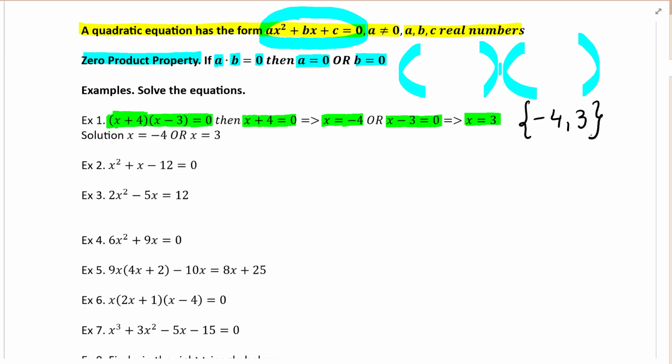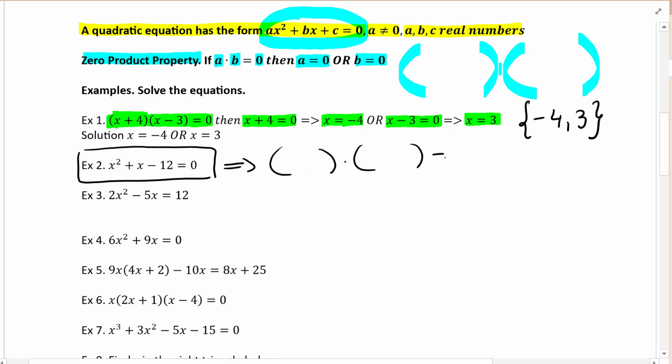So let's try to do example 2, which says x squared plus x minus 12 equals 0. I'm working on example 2. It would be nice if we could write it in factored form, so I need to find the factors. I'm looking for two numbers that have the sum 1.